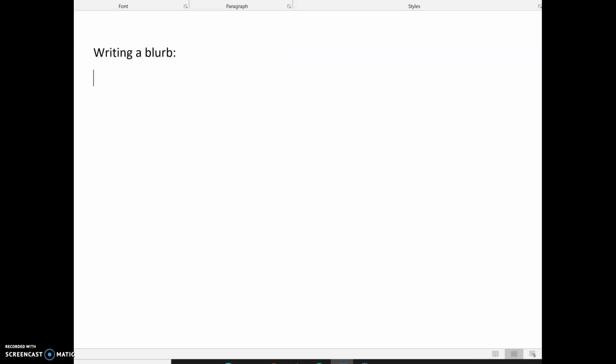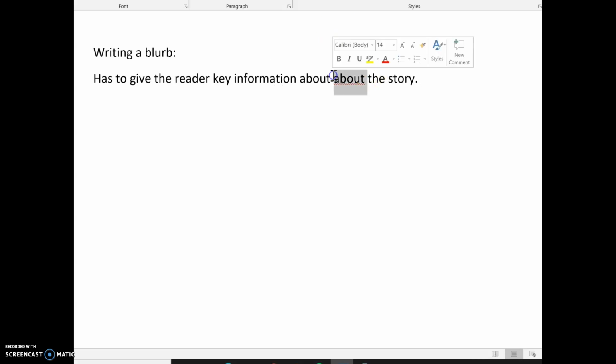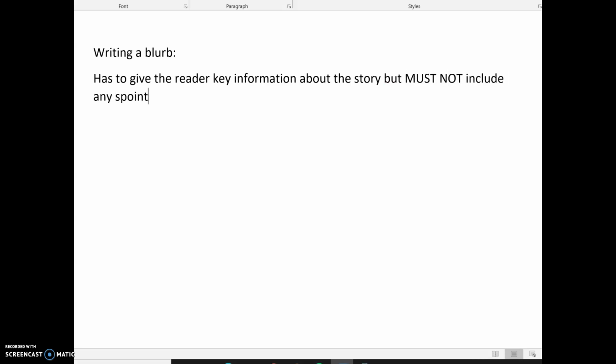Now remember, a blurb has to give the reader key information about the story, but must not include any spoilers.